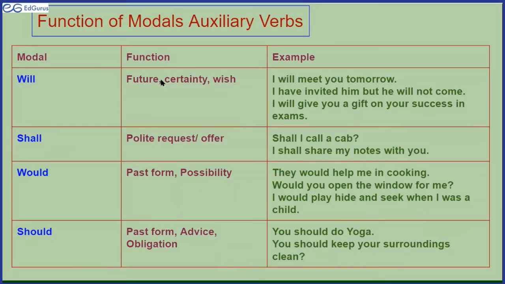I will go to school tomorrow. I will not go to school tomorrow. What is it referring? It is referring future tense. At the same time, it expresses certainty also. Complete certainty. I will help you. This expresses what?